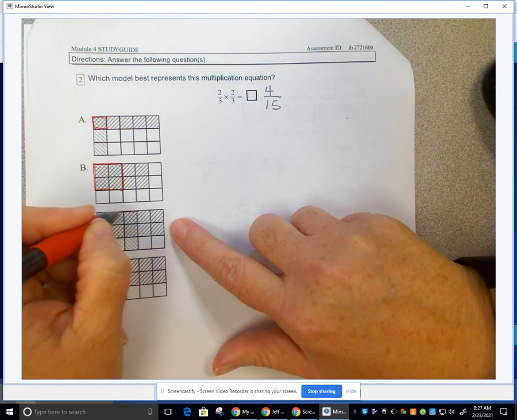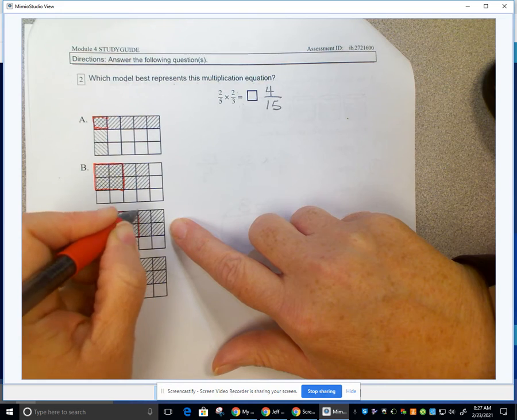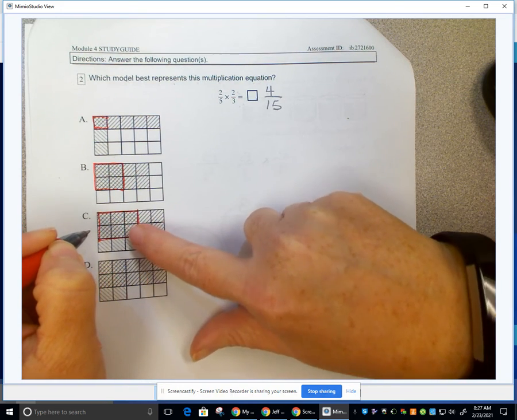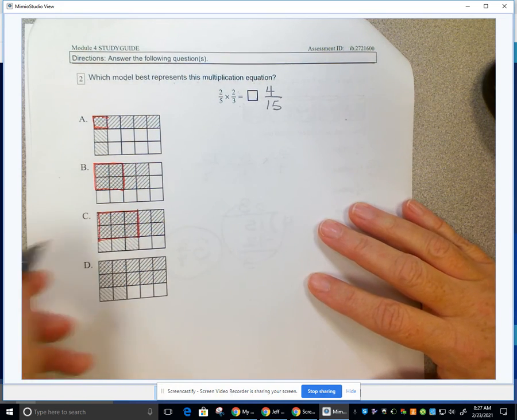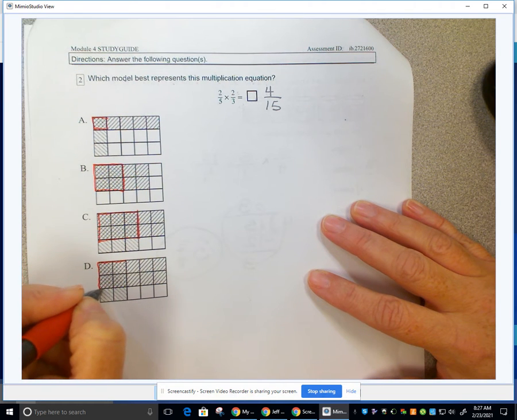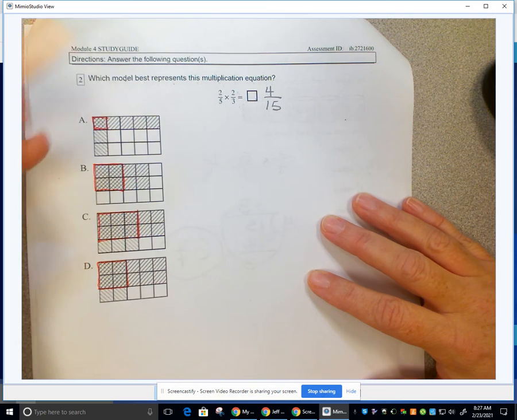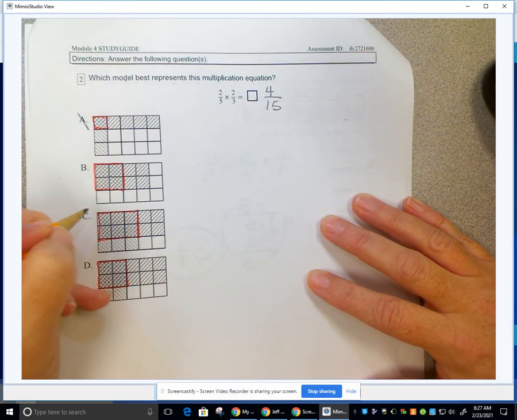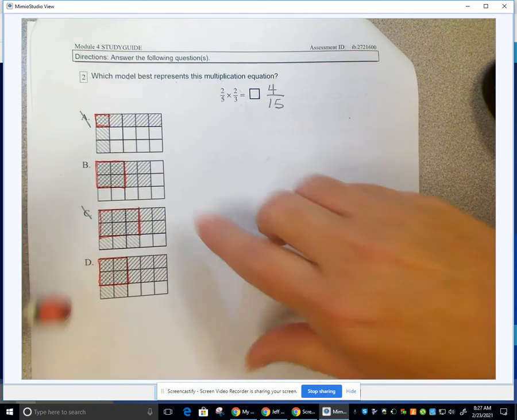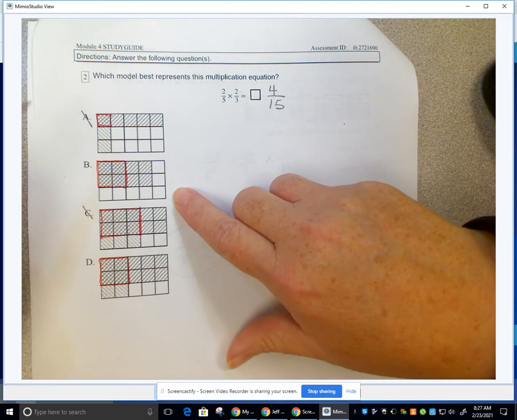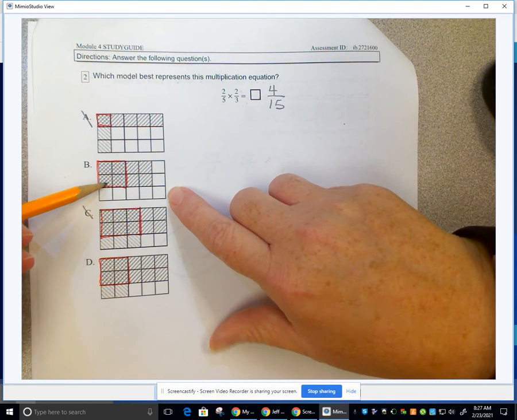This one got 6 with both patterns. Can you see that both patterns make it look like a waffle weave? And this has 4. So right now, I can say A is not an answer, C is not an answer, and I'm down to B and D because they both have 4.